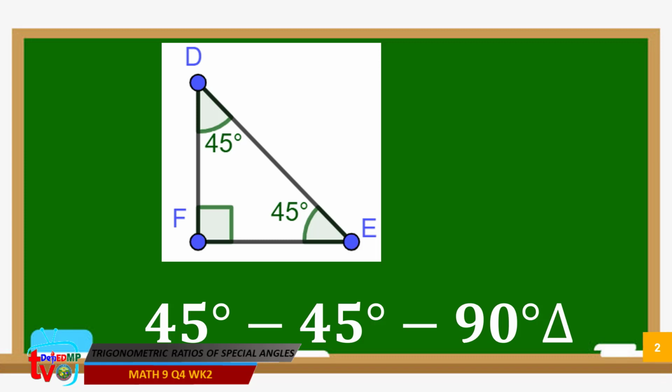That's right! Angle F is the right angle. Which side lies opposite the right angle? You're right! Line segment DE lies opposite the right angle. Therefore, line segment DE is the hypotenuse or the longest side.